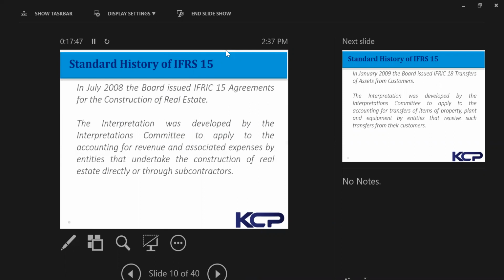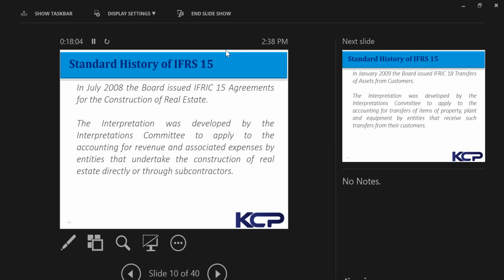In July 2008, the board issued IFRIC 15, Agreements for the Construction of Real Estate, which is also another typical issue that the existing standard could not totally address, right?